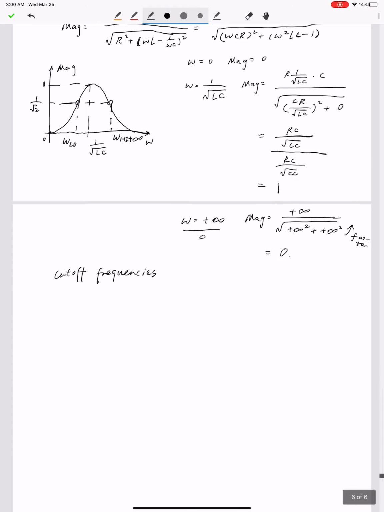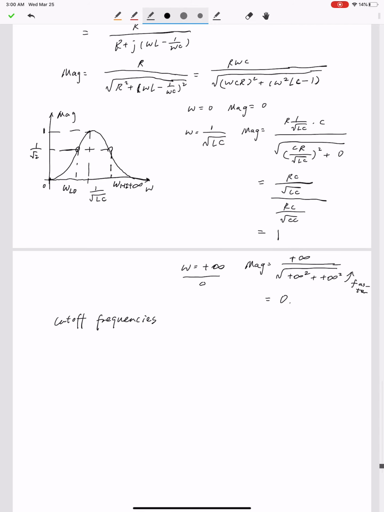And how to find these two cutoff frequencies? You need to solve the equation. In other words, you need to solve for the frequency values when the magnitude equals 1 over square root of 2, which means you need to solve r omega c divided by the square root of omega c r squared plus omega squared LC minus 1 equals 1 over square root of 2, right?